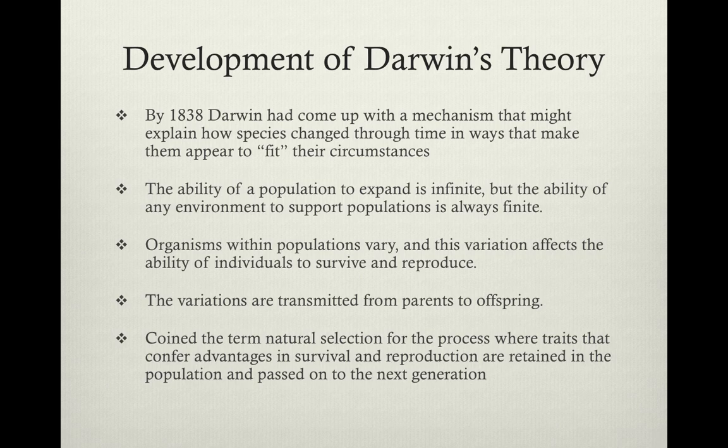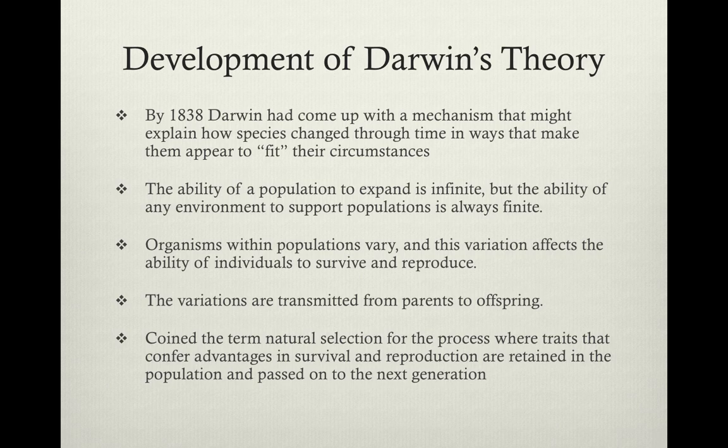So Darwin noted that organisms do vary. They vary in the traits that they possess, and that variation then affects oftentimes one or the other when looking at survival and or reproduction. He also noted that it is traits that are passed or transmitted from parent to offspring that are much more strongly selected either for or against, depending on the adaptive nature of those traits.